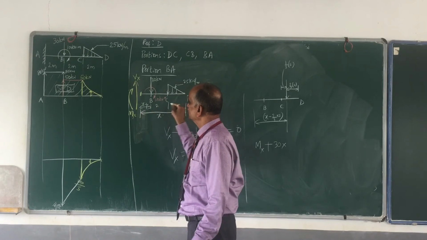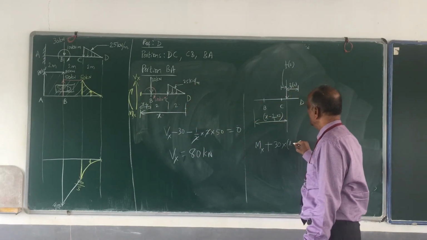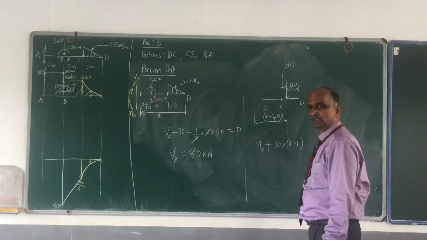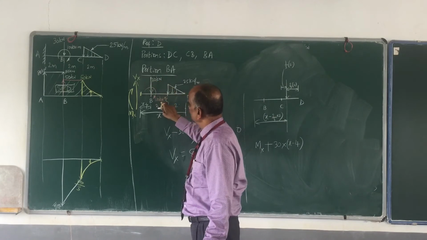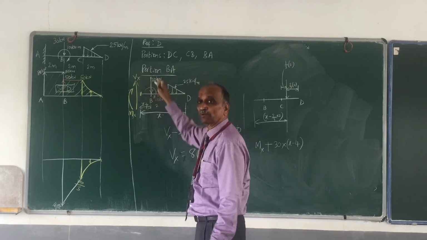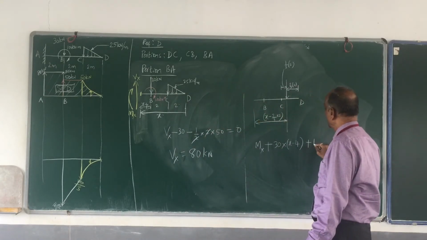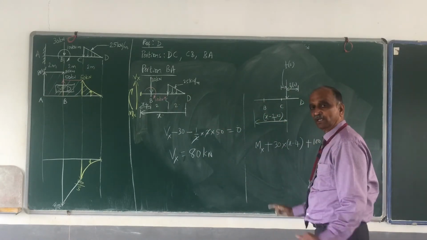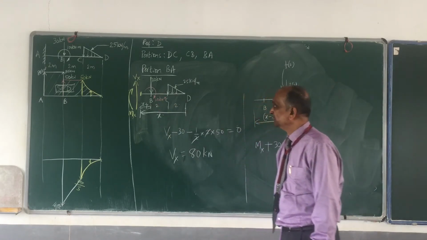This is x, this is 2, this is 2, therefore x minus 4. So 30 into x minus 4. Then 100 kilonewton meter is also clockwise, therefore it is plus 100 straight away, no multiplication, nothing. It is not a force, it is already a moment.